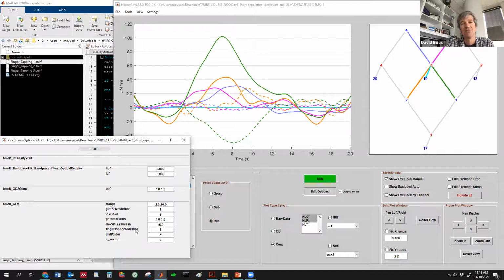And so we like to average across all of those medium separation channels, so to speak, to help reduce the influence of brain activation on that regressor. So if you put a 2 there, it will average across all of the short separation channels and use that regressor. Does that answer your question?